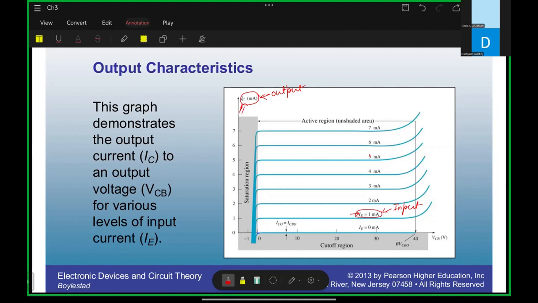We still have IB left, that is the base current. So the base current is common between these two. That's why these characteristics represent the common base configuration. I look for the input and the output, and what's not there is basically the configuration.